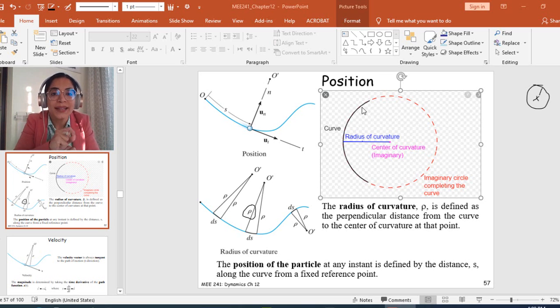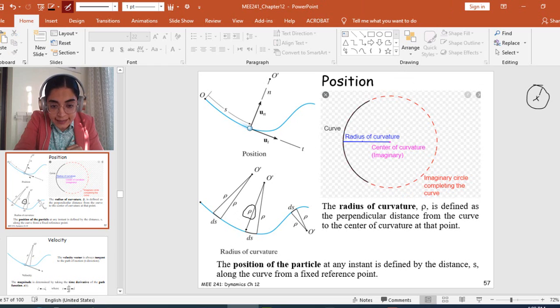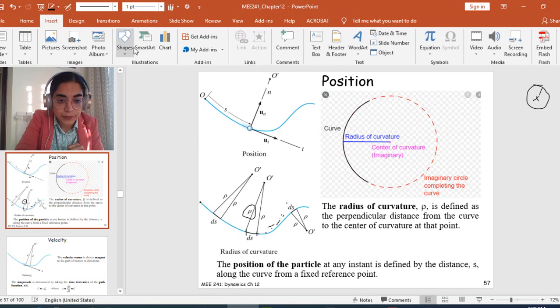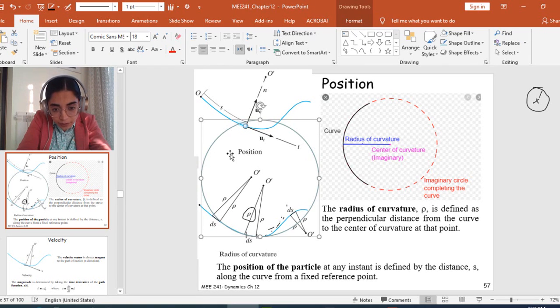So if I take, for example, this portion here called ds, and I complete the circle that best fits this arc, let's do it using shapes. This is an imaginary circle, but if you take a look, it is as if this arc ds belongs to this imaginary circle.